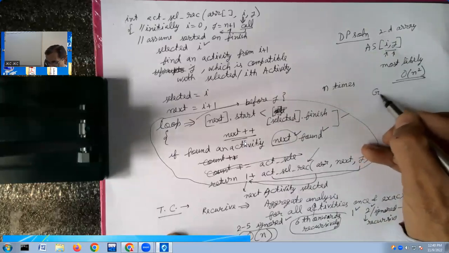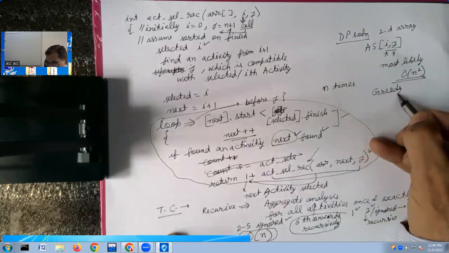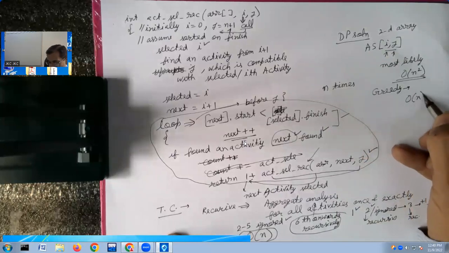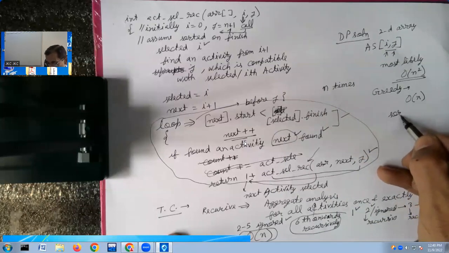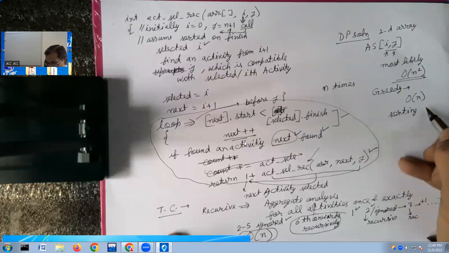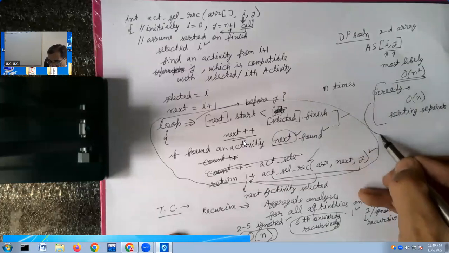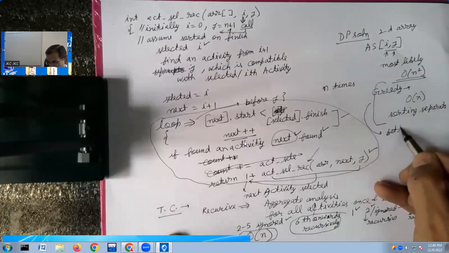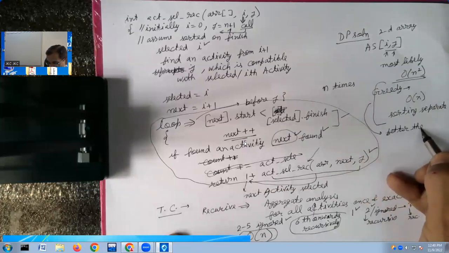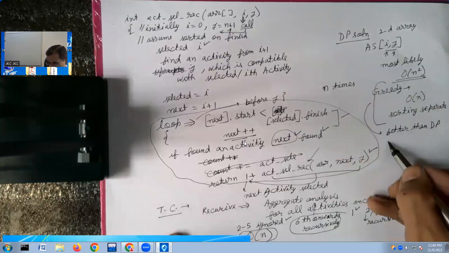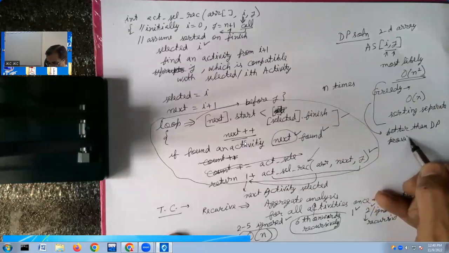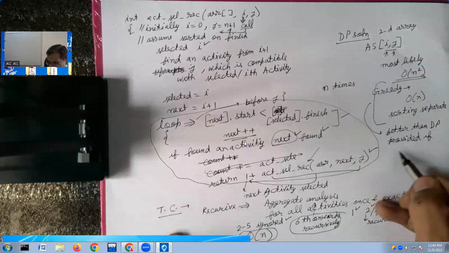With the greedy algo it takes order of n, sorting time separate. So of course, if you include sorting time also, still it becomes order of n log n. Hence, I can say best or better than DP, but provided the greedy choice was best, if applicable.